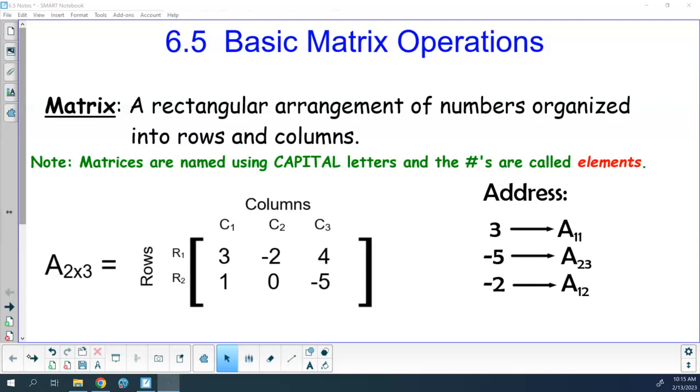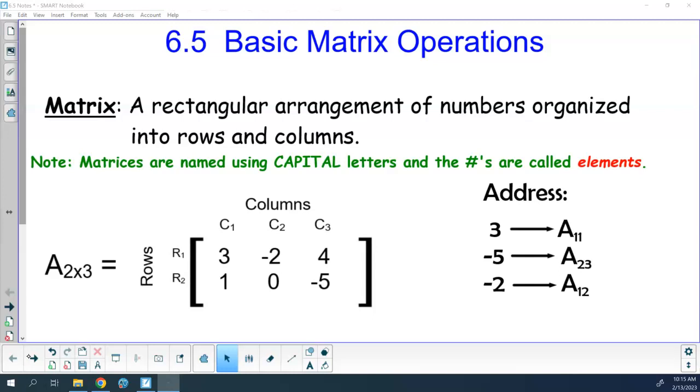So, a matrix is named with a capital letter. So you've got 26 choices for the name of your matrix. But then the matrix is defined by its size. So this matrix here, matrix A, is a 2 by 3 matrix.